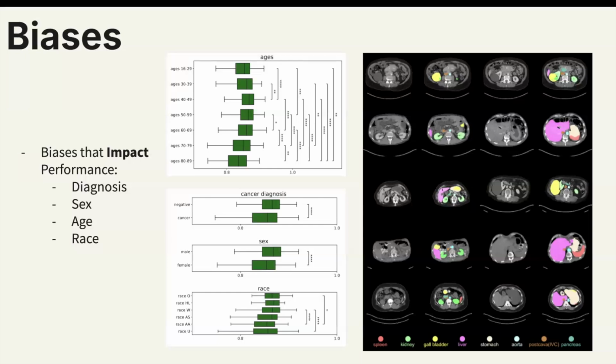And all of these drops are significant in relation to the last one. And this combines with other studies that show that age can make the borders of the organs in CT scans harder to understand. And this drop is pretty clear in this study.